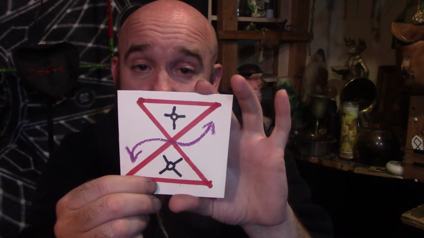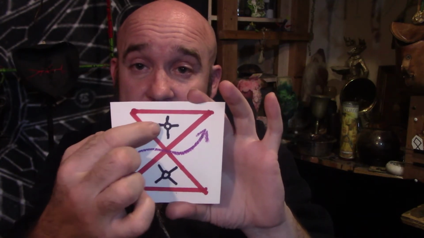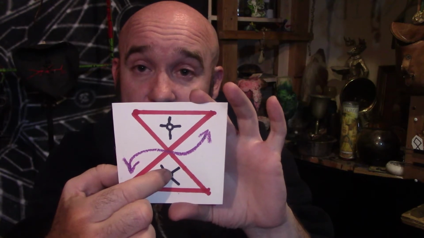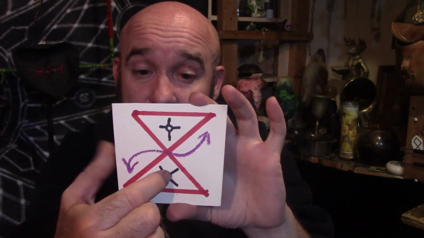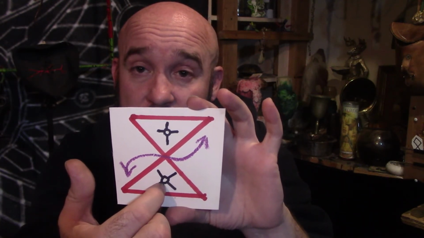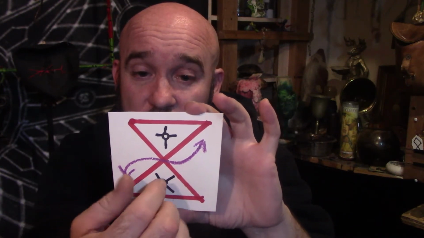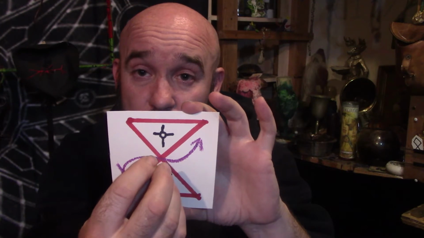We have this four-pointed star, which represents the astral plane. And then down here we have another four-pointed star, which is offset from the first one. And this one represents the material plane, so that if they were joined, they would create the eight-pointed star of chaos.